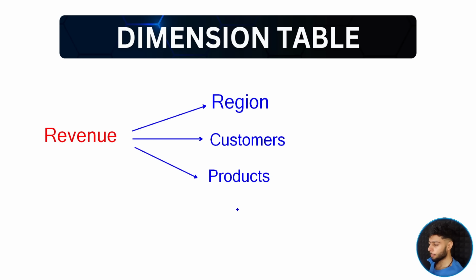So now you want to find the revenue of your organization by products, like which product is performing better, which product is not performing well. All these are contexts. So this is the dimension table. This is so simple. Every context is a dimension table.